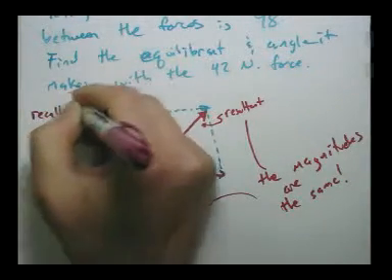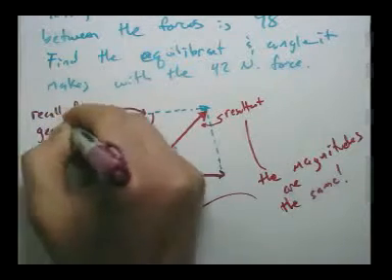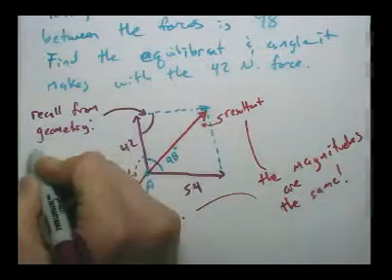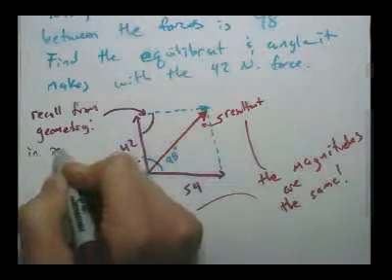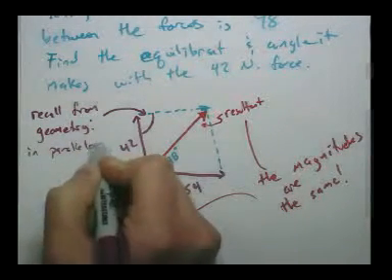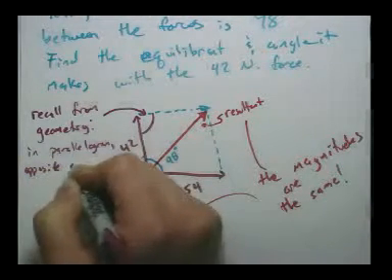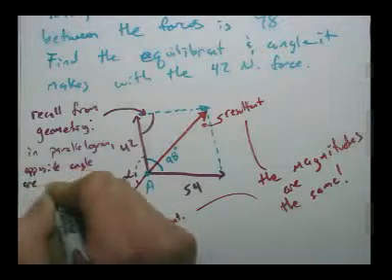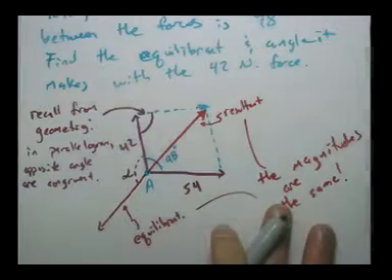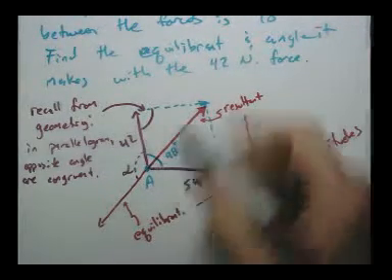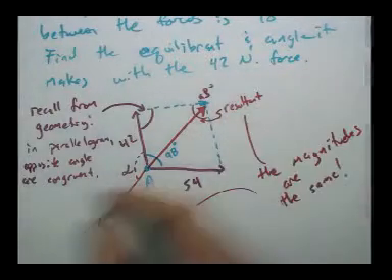If we recall from geometry, in a parallelogram, opposite angles are congruent. So that means if this is 98 degrees, then that's 98 degrees.